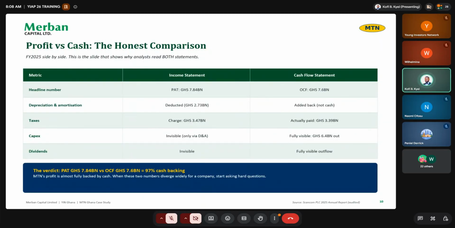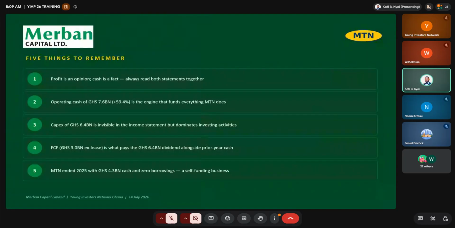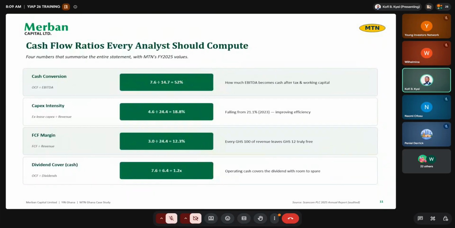Is it growing very well? Then you make a decision on the company. Basic. You don't go to the income statement to make a decision. That will be suicidal because not everything in the income statement is cash. Now, we look at some of the ratios. We'll go deeper into these ratios as we progress. Then I think that is it.